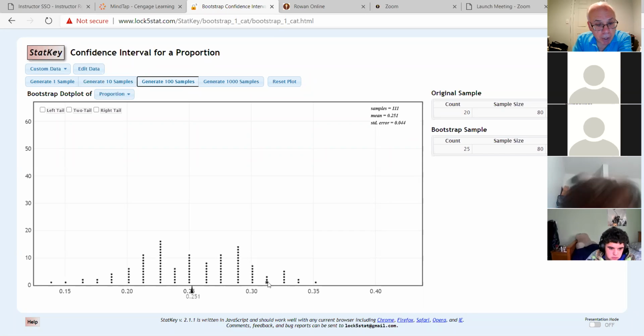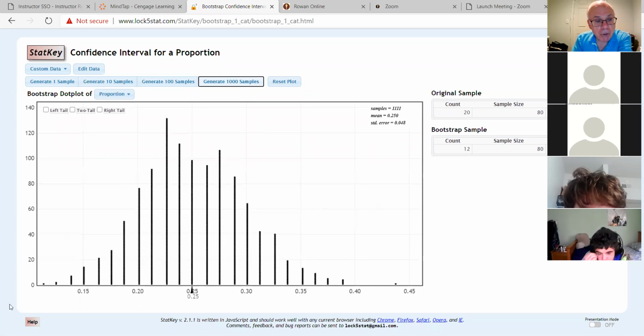These over here, there are 3 that have a proportion 0.3313. All right, get the idea? So there's repeats, and so we're creating this dot plot. And if we create another 1,000 of these samples, it starts looking like a bell-shaped curve.